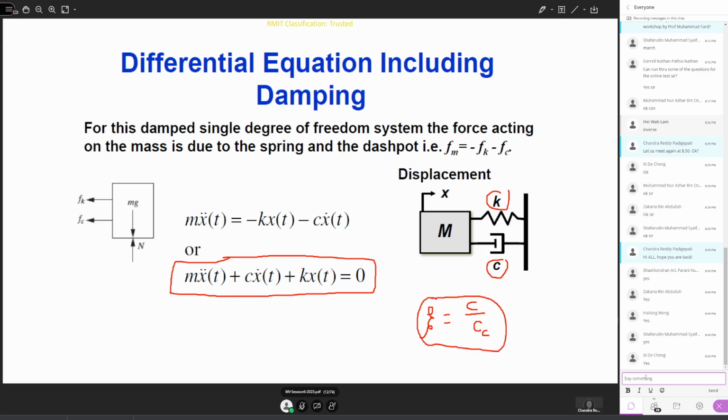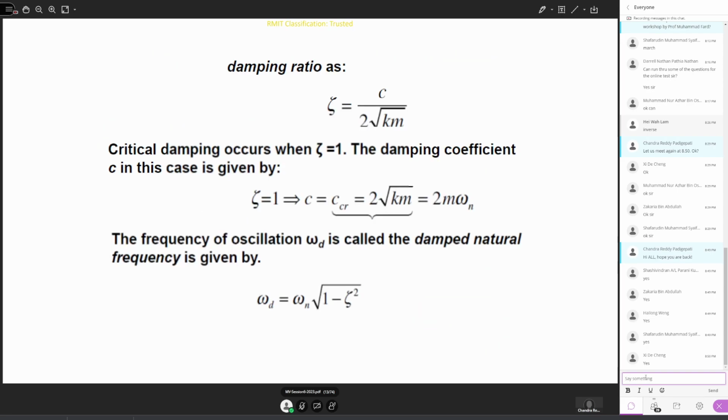Whenever you are studying the expressions, including the damping for the single degree of freedom system, we will be using this damping ratio. For the first question, you will be calculating this damping ratio. You'll be calculating the frequency, the period, and the damping constant also.